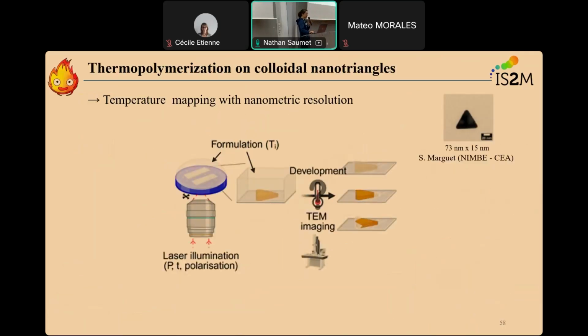So I did the same experiments that I showed you for photopolymerization, but with my thermopolymer. I took the nanotriangles on the TEM grids, which are colloidal. I put a droplet of my formulation and then illuminated it to see with a nanometric resolution where the heat is generated and to quantify the temperature that is reached by the nanotriangle.